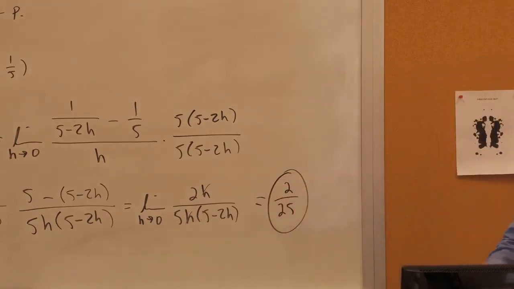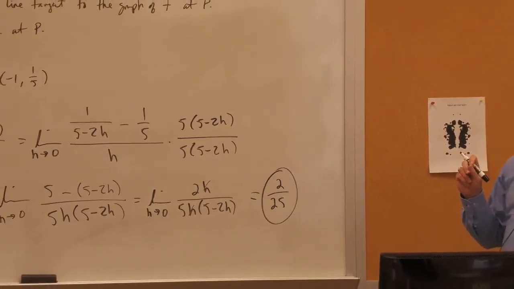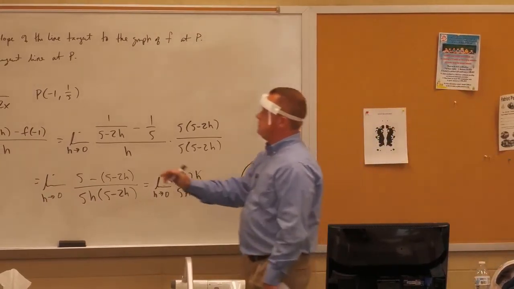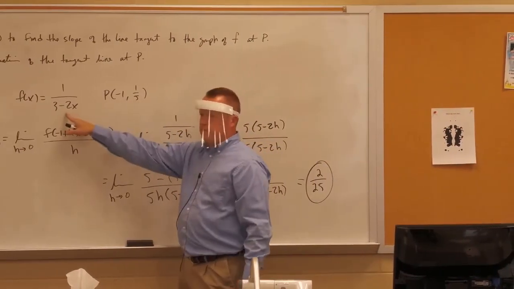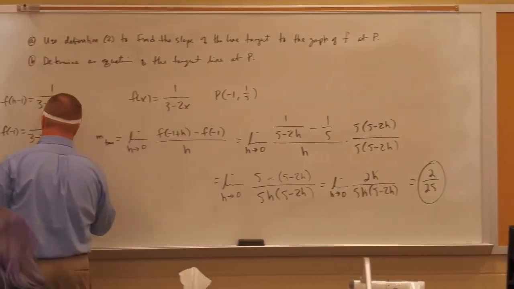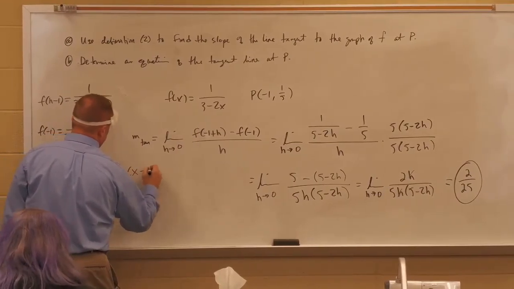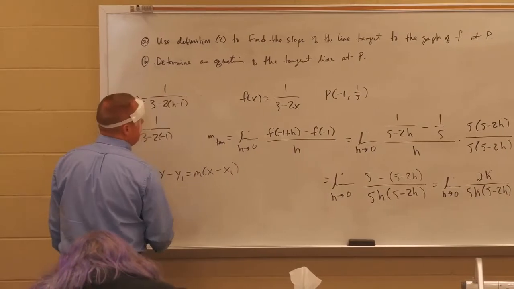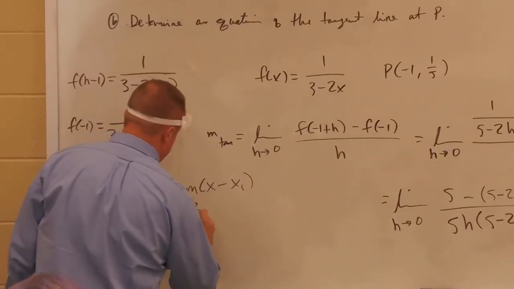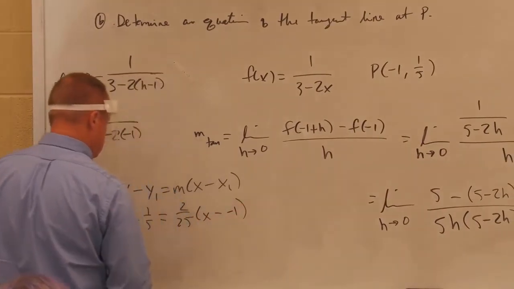Okay? So what have I found? What is 2 over 25? The slope of the tangent line at the point negative 1, 1 over 5th for this function. Okay? All right, so if I want an equation of the line that is tangent, I'll start with point slope form. So I'll say y minus 1/5 equals 2 over 25, x minus negative 1.